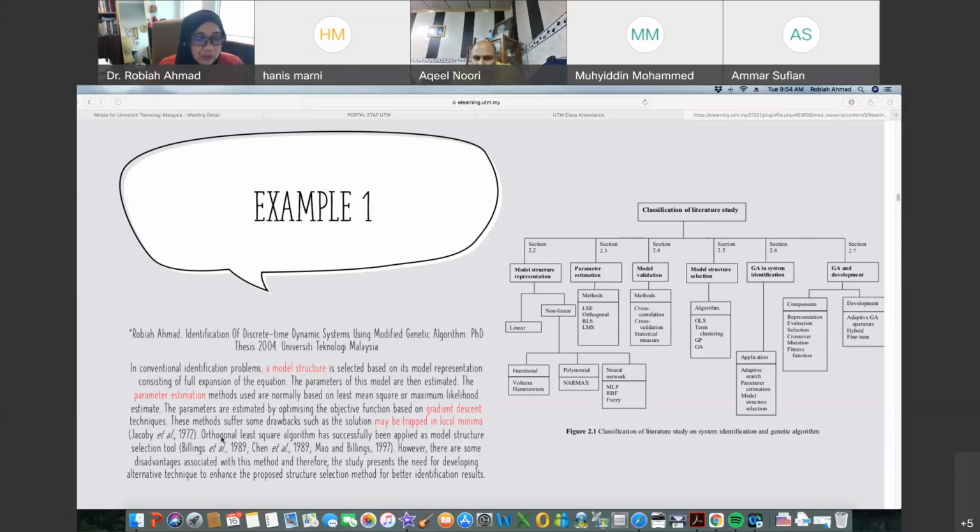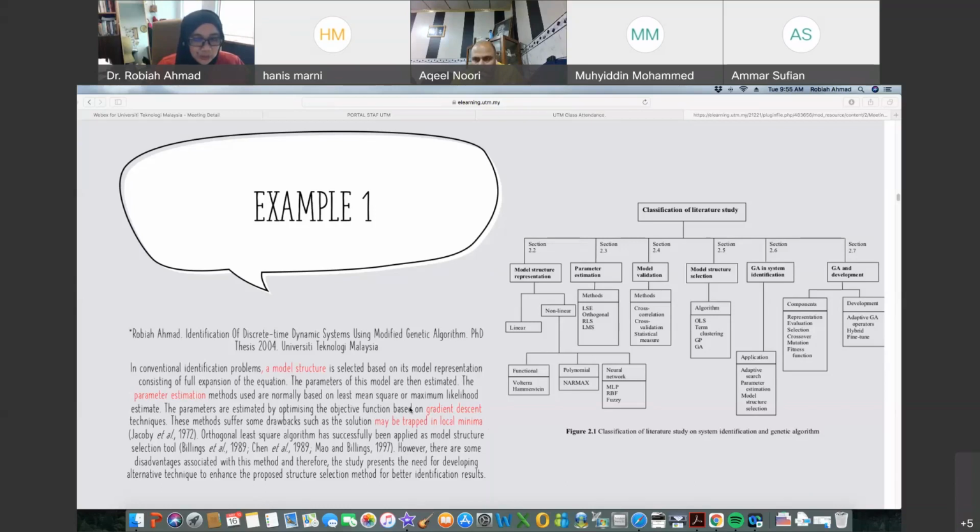So therefore, this is associated with the neural networks, like gradient descent. Gradient descent is actually the method, or least mean square.